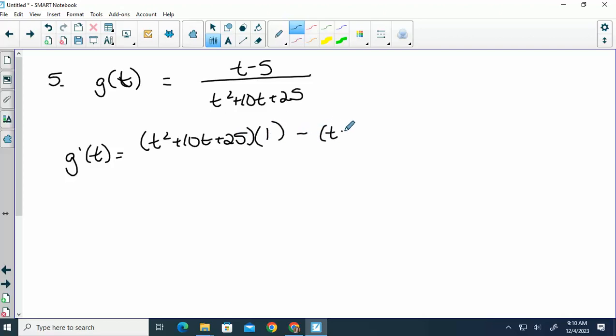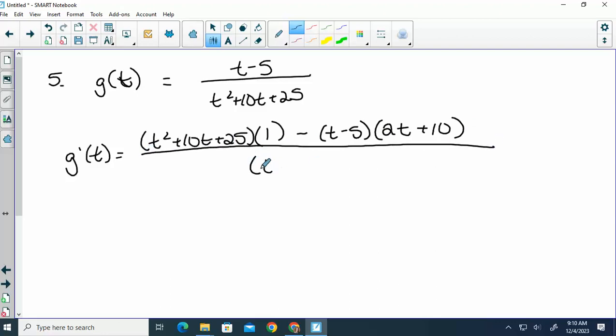Minus high D low, derivative of the bottom. So we have a 2t plus 10 over low squared.